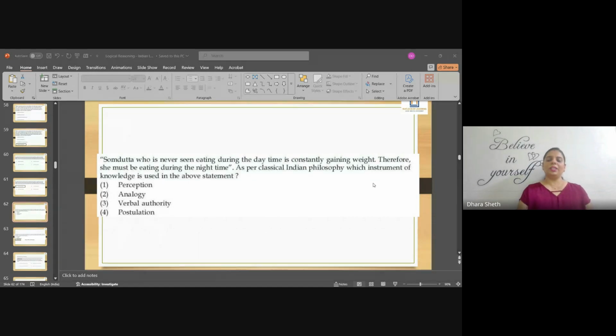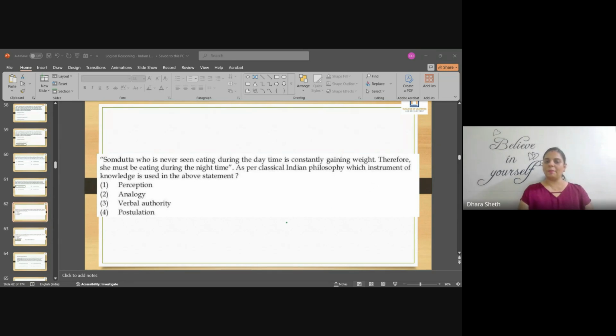Next, Somdat, who is never seen eating during the daytime, is constantly gaining weight. Therefore, she must be eating during the night time. Here, again, what is used? It's arthapti, postulation, once again. There is no analogy, there is no comparison.